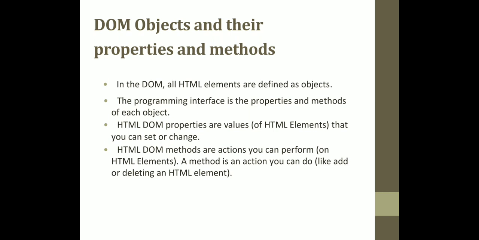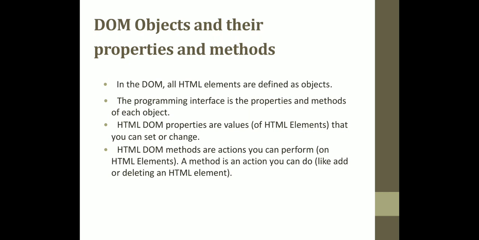In the DOM, all HTML elements are defined as objects, and the programming interface is the properties and methods of each object, and these are specific terms only. So first, all HTML elements are defined as objects, then the programming interface is the properties and methods of each object. HTML DOM properties are values of any HTML elements that you can set or change.